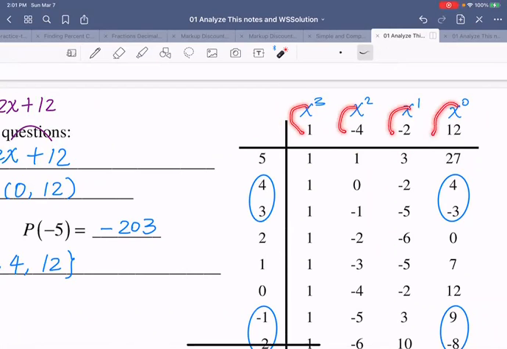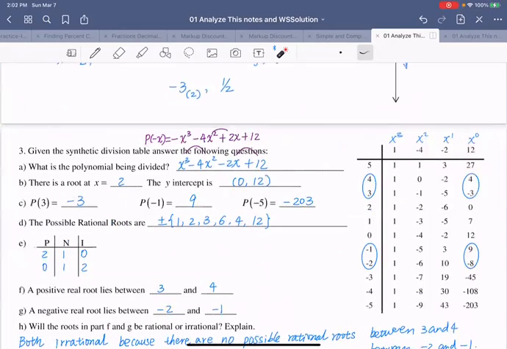Negative 4x cubed, minus 4x squared, minus 2x, plus 12. That's it. That's the answer.